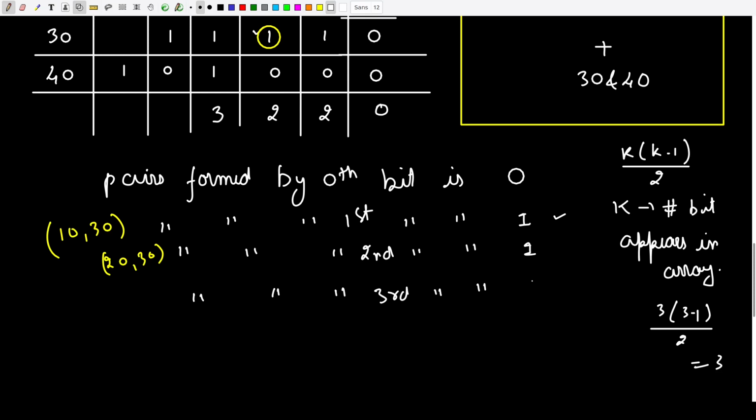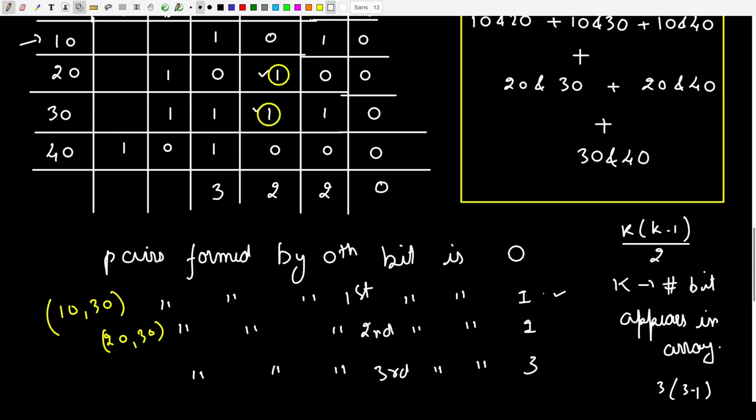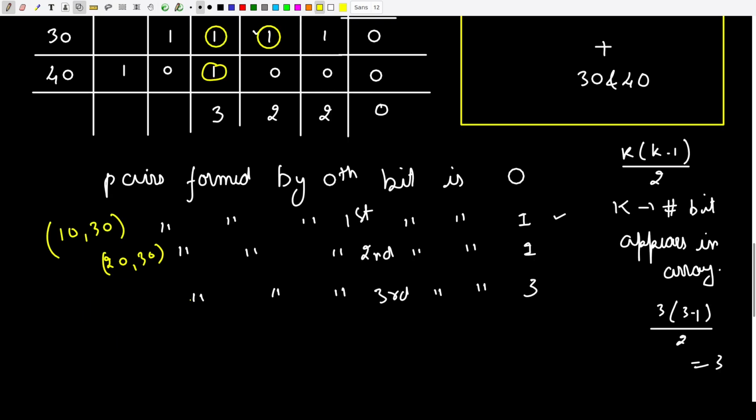So the number of pairs will be 3. The pairs it forms are combinations of 10, 30 and 40: 10 and 30, 10 and 40, and 30 and 40.